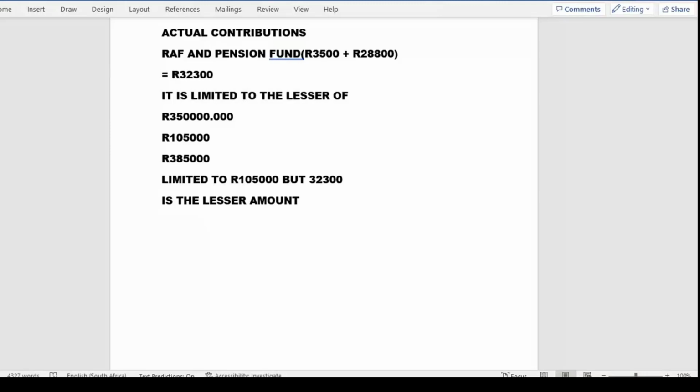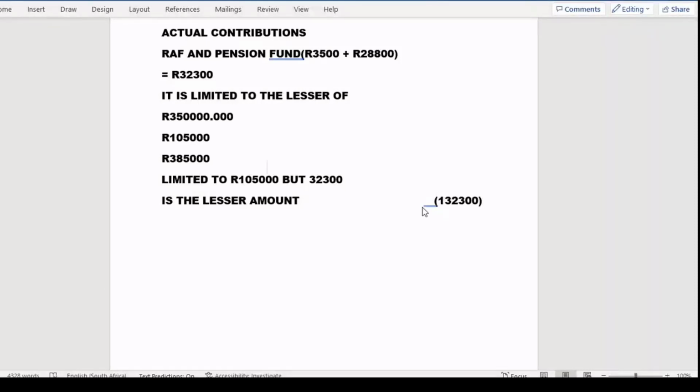So you're going to say 385, remember the taxable income up there, minus 32,300. Let's go back a bit. 32,300, the one that is going to be deducted.